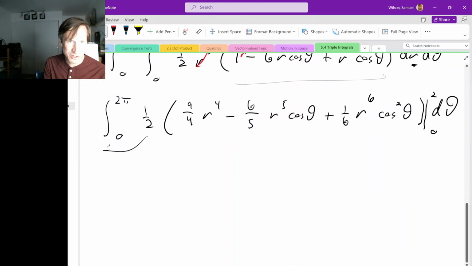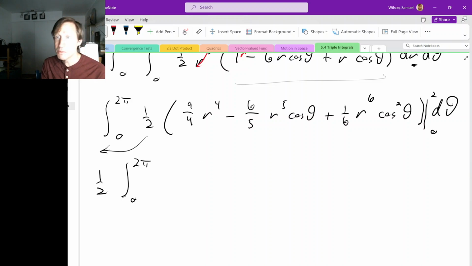So let's slip this 1/2 outside. Integral from 0 to 2 pi. When we plug in our bottom bound, we're just going to get 0. So let's stop worrying about that. Let's plug in our top bound. 9 over 4 times 2 to the 4th. 2 to the 4th is 16. 16 over 4 is 4. So 9 times 4, 36, right? 36.